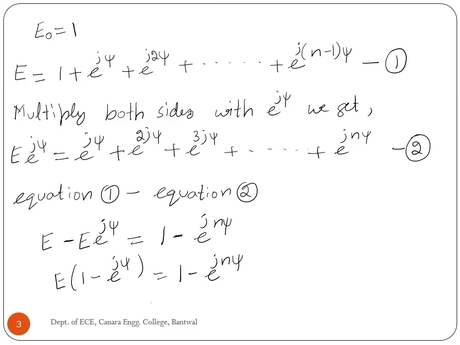Therefore, total field intensity E is equal to 1 minus e to the power j n xi divided by 1 minus e to the power j xi. Third equation is E is equal to 1 minus e to the power j n xi divided by 1 minus e to the power j xi.